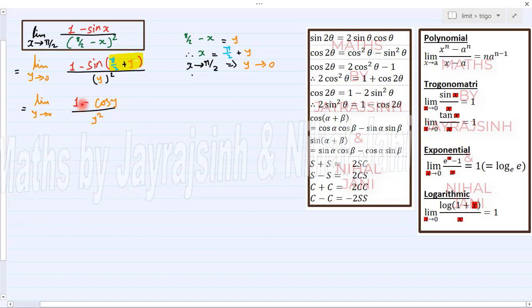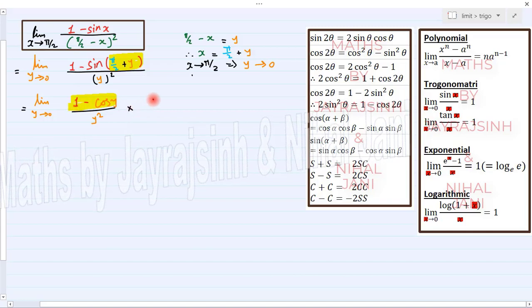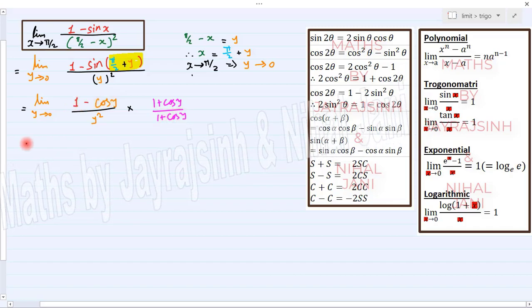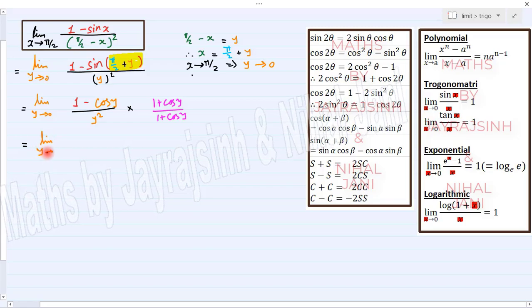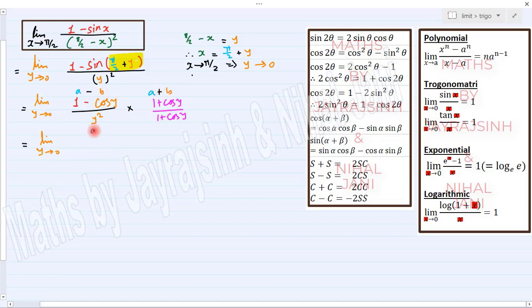Now we all know that whenever we have this 1 minus cos y, we have to multiply and divide by its conjugate, which is 1 plus cos y. So let's simplify. Limit y tends to 0. In numerator, we have (a minus b) into (a plus b), which will be converted into a square minus b square.